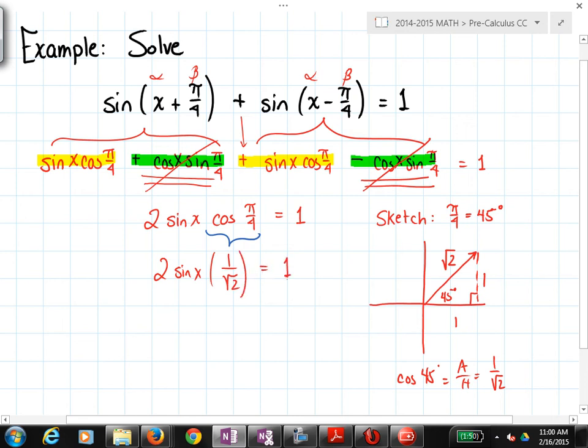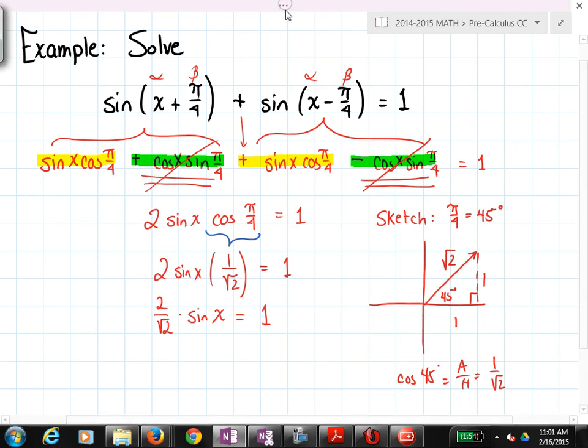Now be careful here in the algebra steps. I'm going to multiply 2 and 1 over the square root of 2, so I have 2 over the square root of 2 times sine of x is equivalent to 1. Now, in some cases, you may want to simplify before you divide, or in this case, multiply by its reciprocal, or you can do that at the very end.